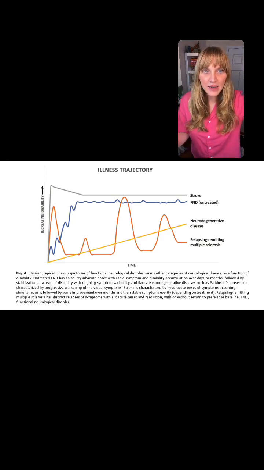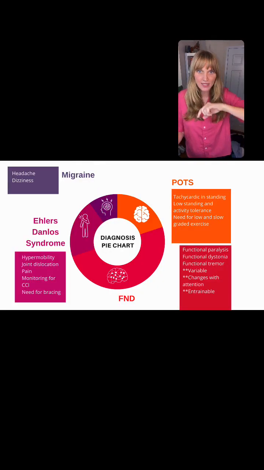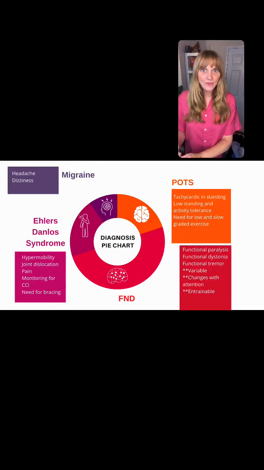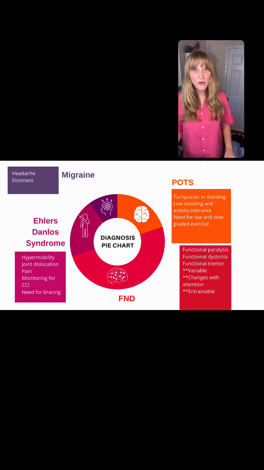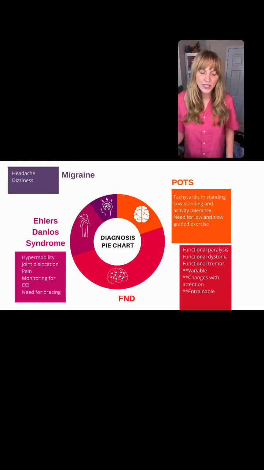Now, the last piece I'm going to bring up here, or maybe second to last, is this. I think this is so important for us as clinicians. We need to recognize that as we dive into the world of functional neurologic disorders, not everything is FND, and there are a lot of coexisting conditions.